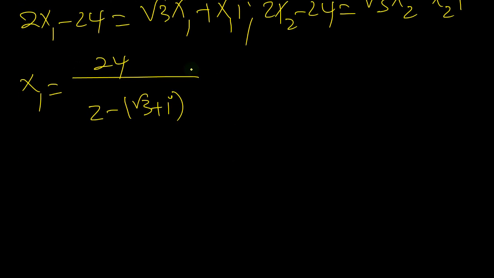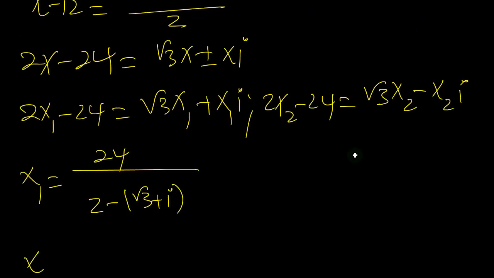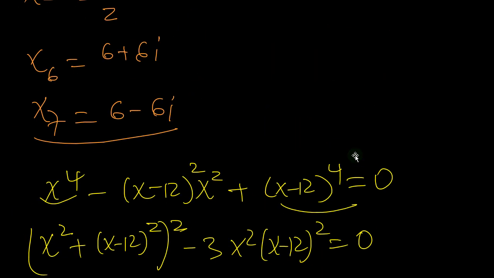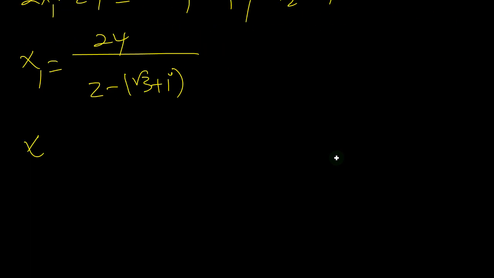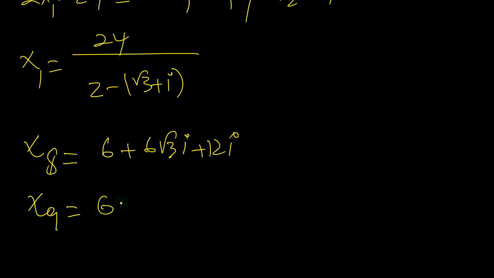And then doing some simplifications here, guys, like applying the conjugate, I'm gonna have at the end that, for what we're solving here, our x8 is gonna be 6 plus 6 square root of 3i plus 12i, and then x9 is going to be 6 minus 6 square root of 3i, and then minus 12i.